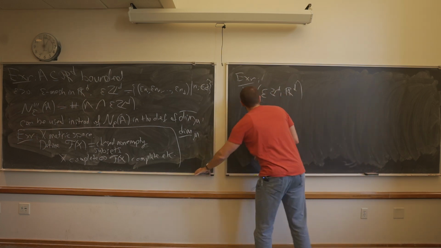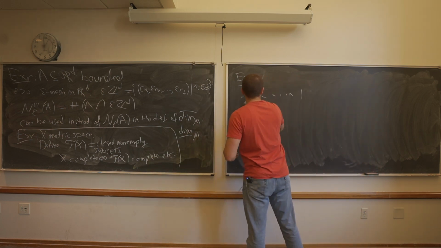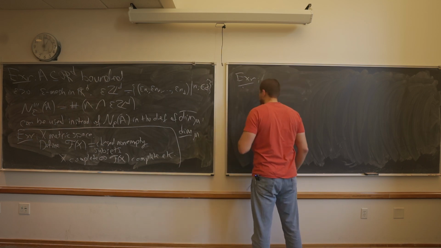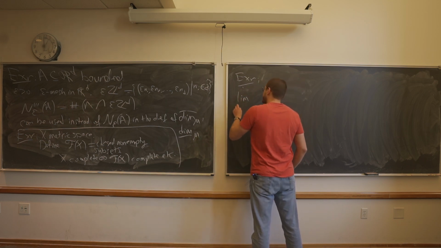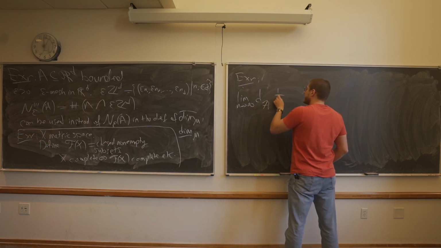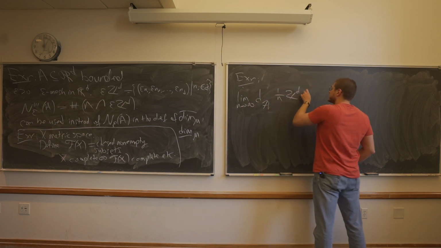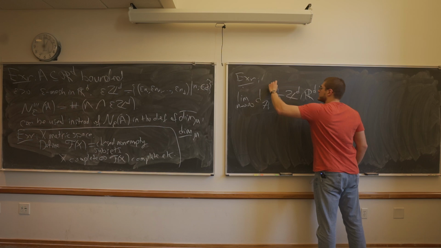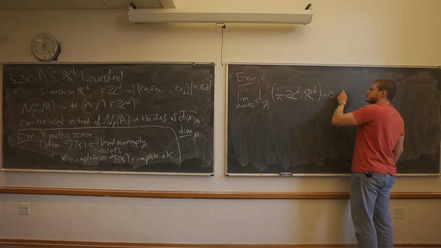Well, limit as epsilon goes to 0. Or maybe let's write it like this: limit as n goes to infinity, dH of 1 over n ZD, comma RD is 0.